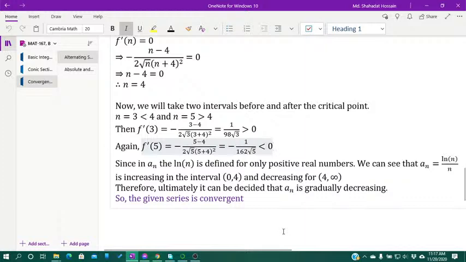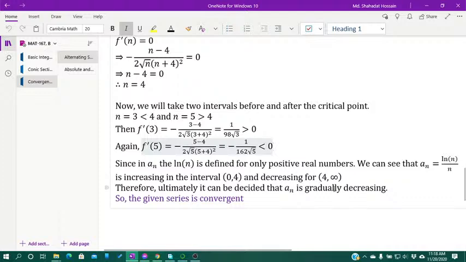So we can see that f of n is increasing for small numbers, that is the open interval 0 up to 4, but it is decreasing for large numbers, that is the open interval 4 up to infinity.